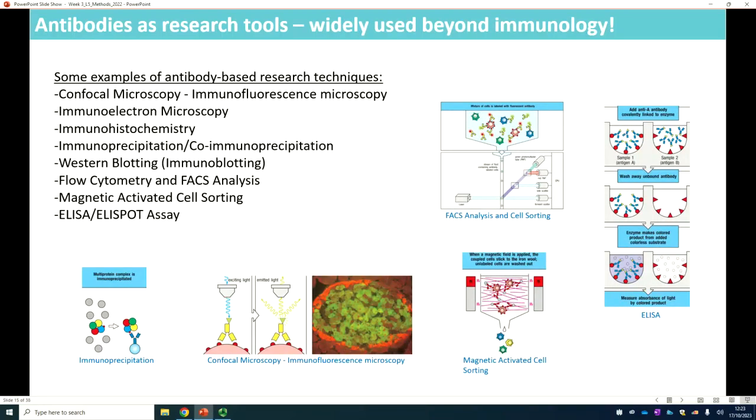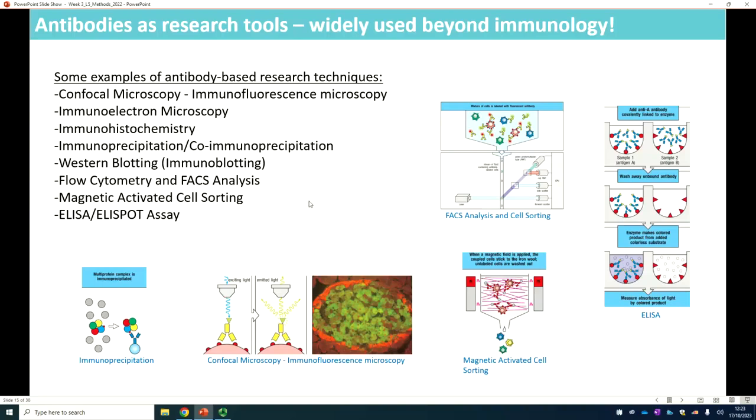As I mentioned, a lot of the things we'll talk about today are widely used beyond immunology. So antibodies are quite readily used as research tools, and you'll probably be aware of some of these. So we can have confocal microscopy or immunofluorescence. So this is where you stain your particular protein within the cell, so you can use that on the confocal microscope.